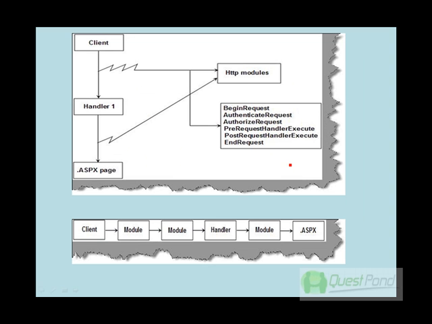What HTTP modules do is listen to these events and help you write logic on those events. So you can say that an HTTP module is more event based, while HTTP handlers are more file type based. Modules can be injected before and after the handler, while handlers are executed depending on the file type.